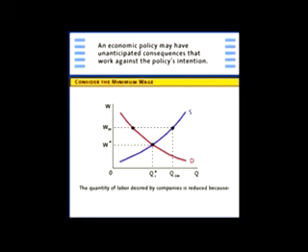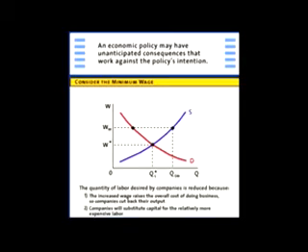The second problem for the workers is that the higher wage leads firms to substitute away from labor in the direction of capital or other factors of production. With the higher wage and less labor being demanded, a smaller quantity of labor demanded, then we have QDM, the quantity of labor demanded under the minimum wage, being less than the quantity supplied.